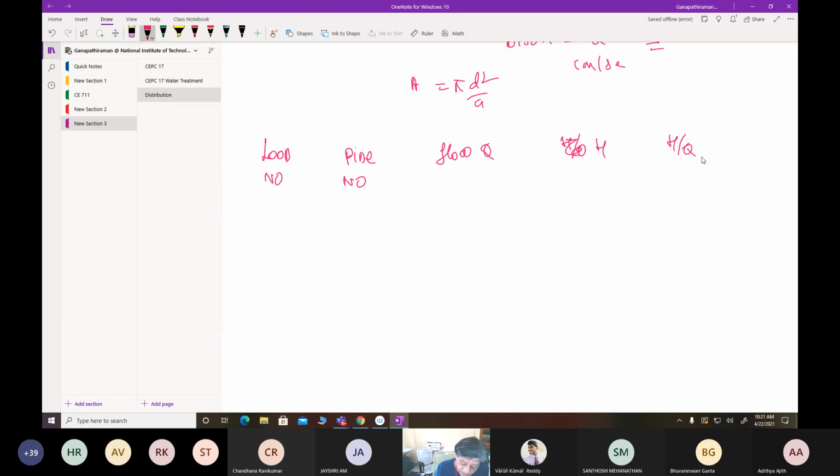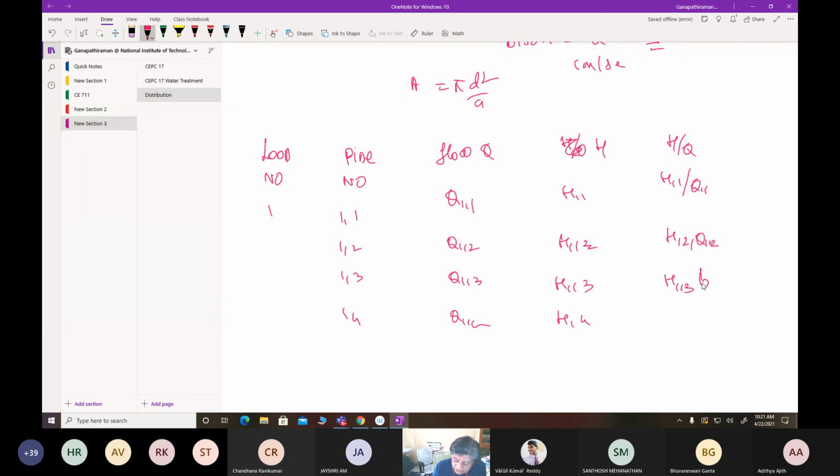For example, loop number 1: pipes 1, 1; 1, 2; 1, 3; 1, 4; flows Q11, Q12, Q13, Q14; H11, H12, H13, H14; H11 by Q11, H12 by Q12, H13 by Q13, H14 by Q14.